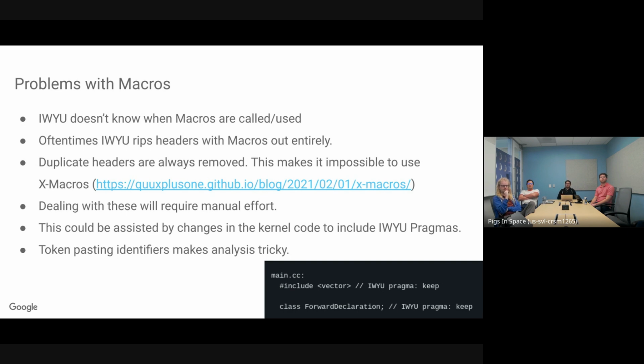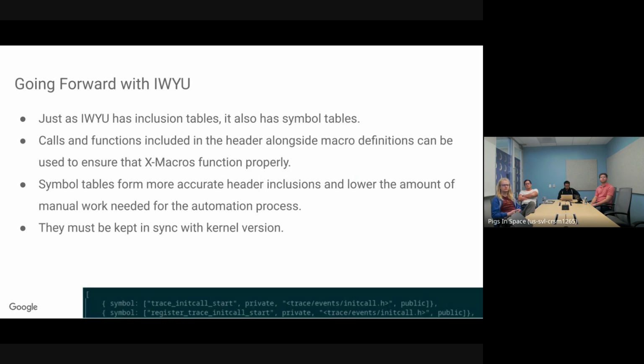And one of the things that include what you use is really bad at doing is X macros, which means if code is being generated, it doesn't really understand when that happens. So these cause problems.